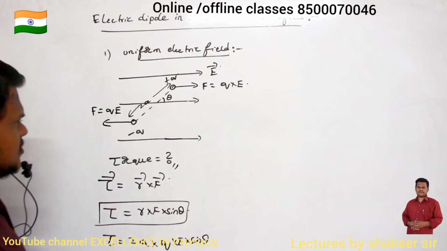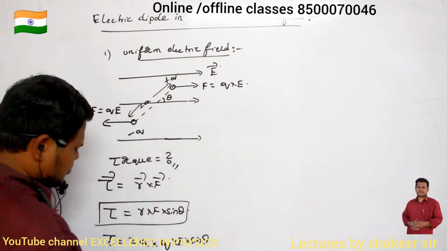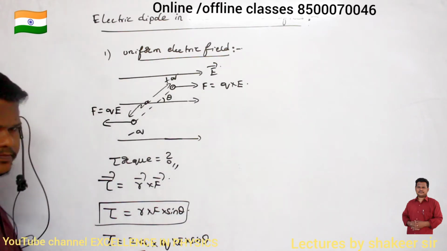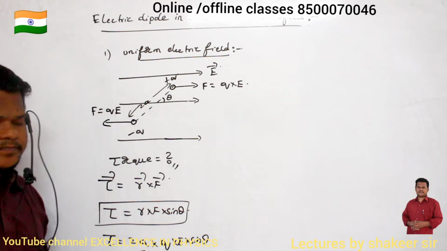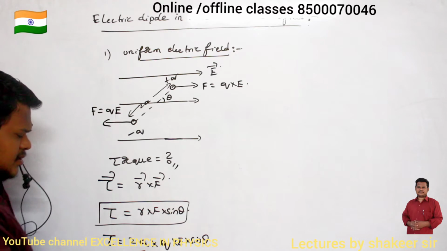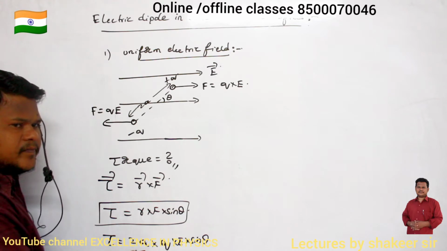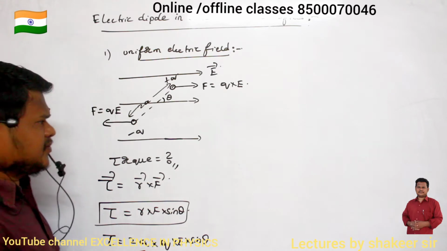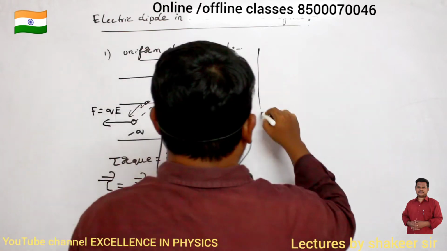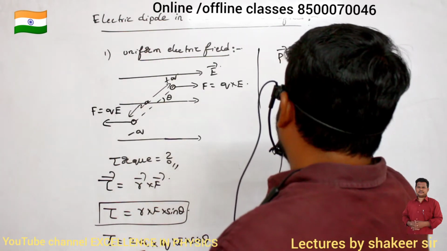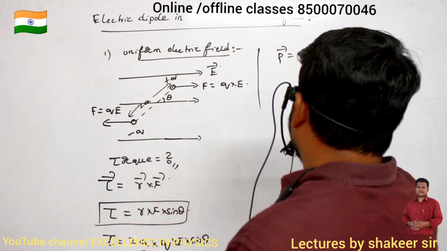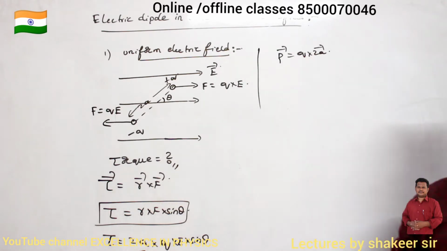So therefore, what is 2a into Q? Q into 2a is the electric dipole moment. Previously we have studied that, P vector is equal to Q into 2a vector, which is called the electric dipole moment.